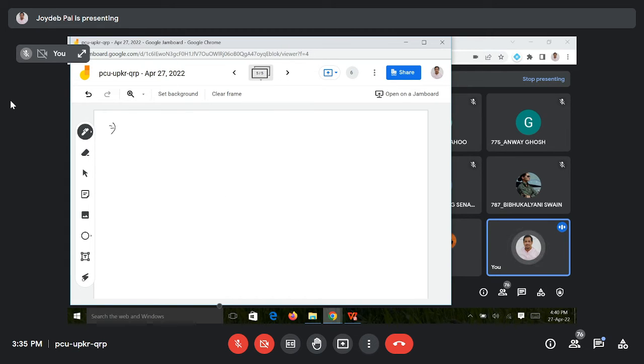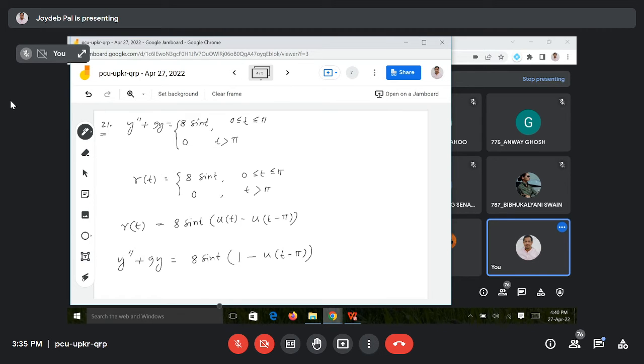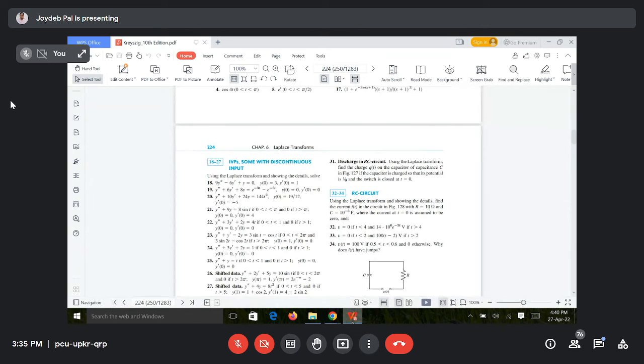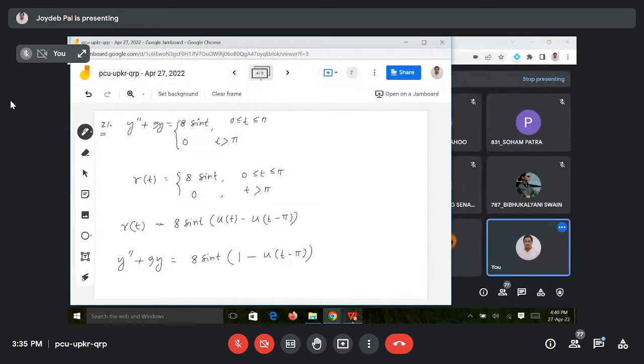So taking the Laplace transform on both sides. Some initial conditions are there, no? I have missed it, I think. There should be some initial conditions, otherwise we cannot solve it by Laplace transform. Yes: y(0) is 0, y dash 0 is 4.